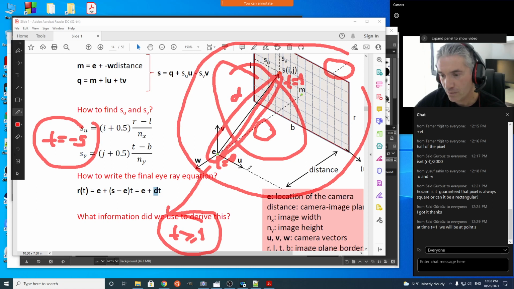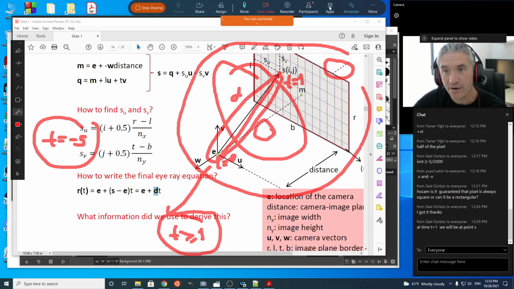All right, so that's it from me today. To summarize, we just finished the first part. We now know how to generate a ray equation for any pixel. Given the pixel values i, j, we just plug them in. In terms of coding, all we need to do is write a function which gets these i, j, r, l, nx, ny.